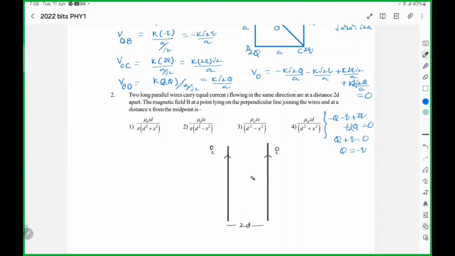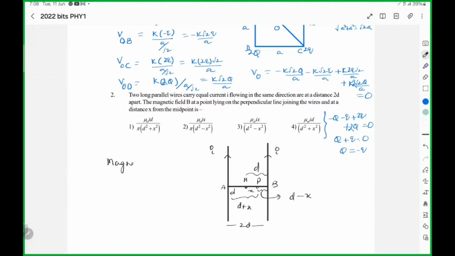The magnetic field B at any point lying on the perpendicular joining the wires and at a distance x from the midpoint. The midpoint is M, at a distance x. Since the separation is 2d, this becomes d. This distance becomes d plus x. It is d, say at point P, this will be d minus x.